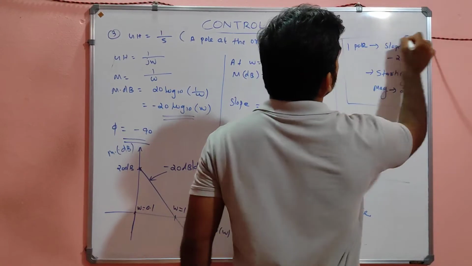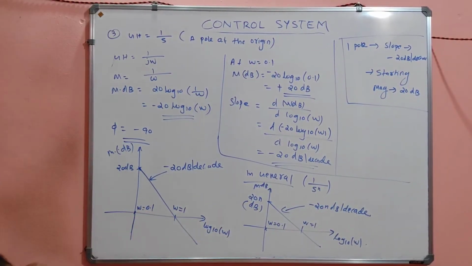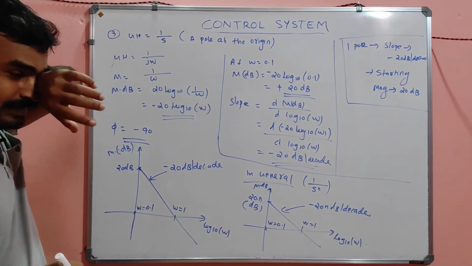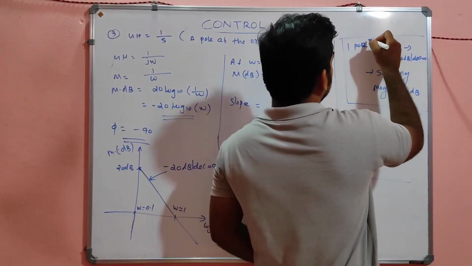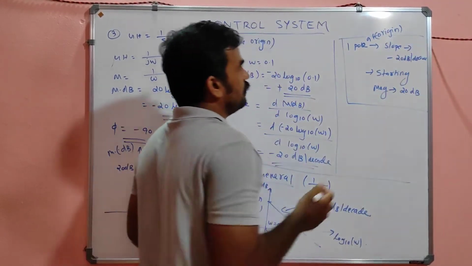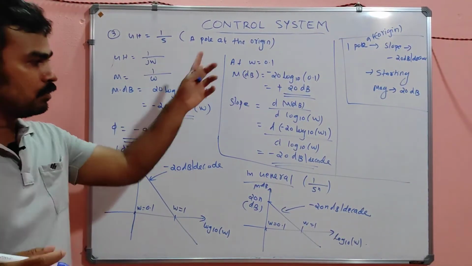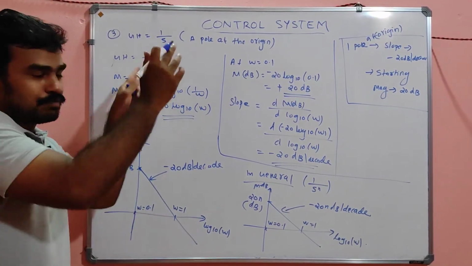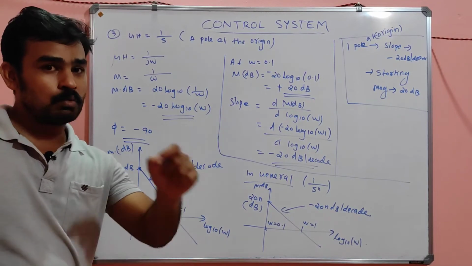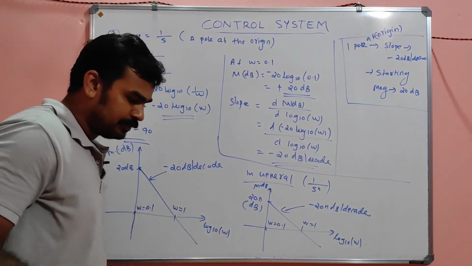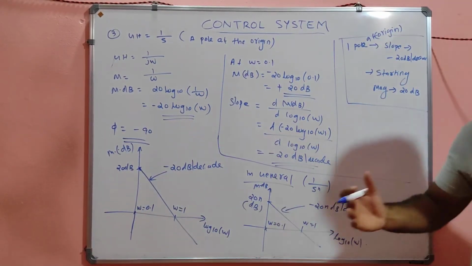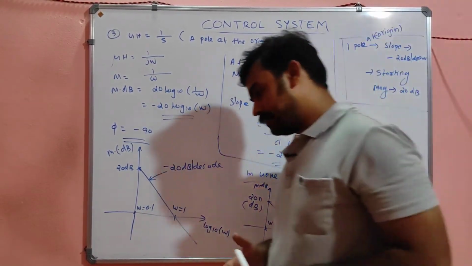One pole can make this much change, my dear. That means one pole at origin, my dear. At origin is very, very important. Other than the origin condition, I will discuss later. One pole at the origin, and in the previous case there was one more term I added, one zero at origin. So at origin this condition is applicable. Other than origin, we will discuss later.